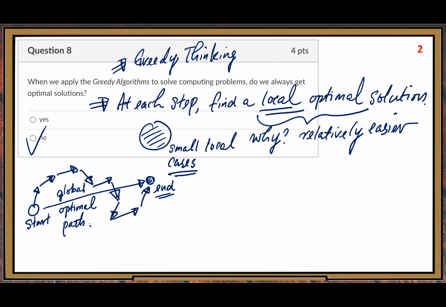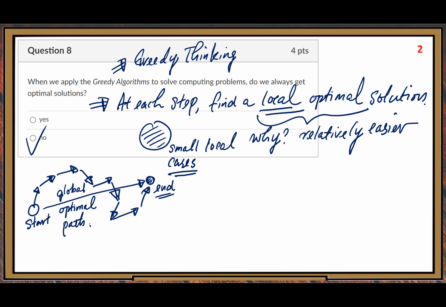But why do people still use this algorithm? Because sometimes you can get optimal solutions. Sometimes you still have a good chance to get optimal solutions. If not, at least you can find a solution. How good is the solution? Then you can investigate.